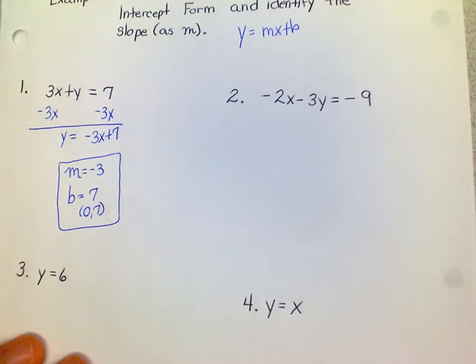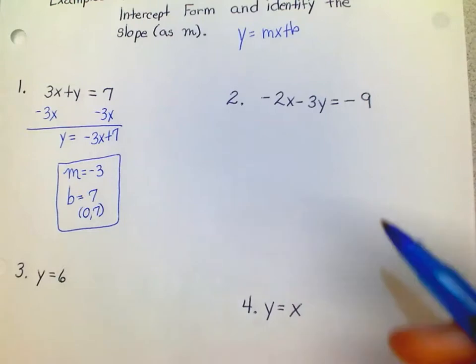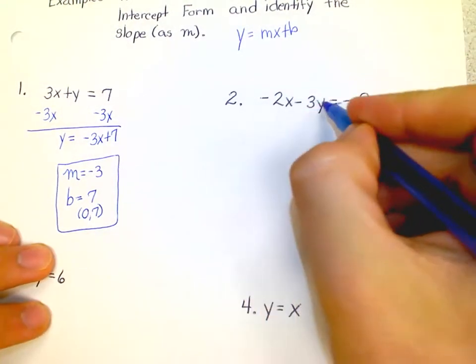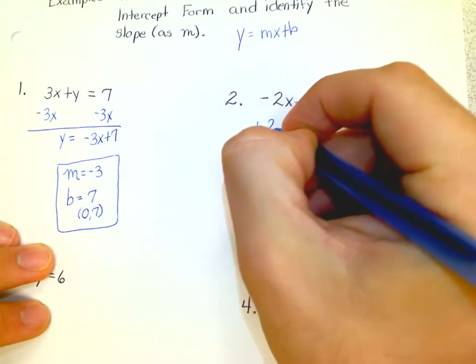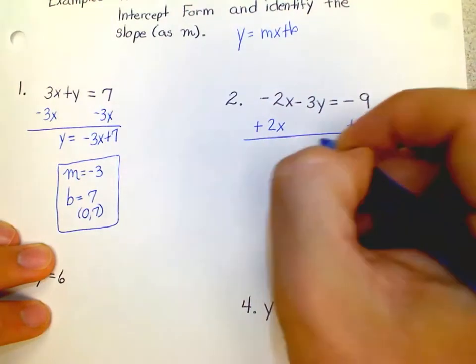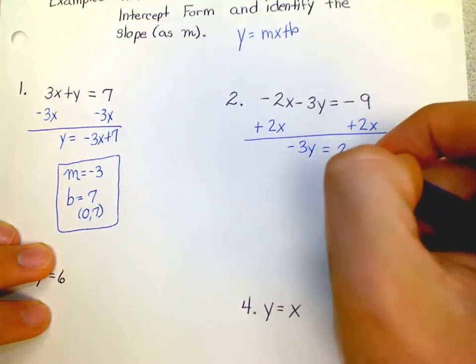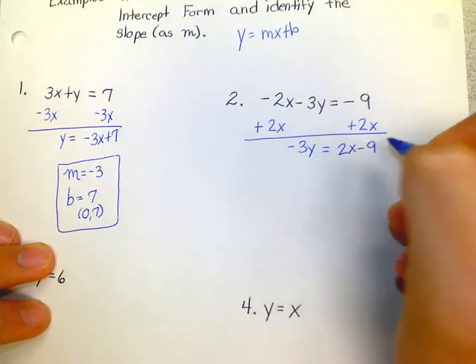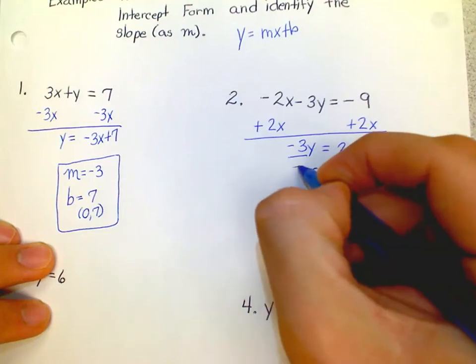Looking at number 2, negative 2x minus 3y equals negative 9. To get started, we want to solve for y. So to begin this, we want to add 2x on both sides. So negative 3y equals 2x minus 9. We want to solve for y, so divide both sides by negative 3.